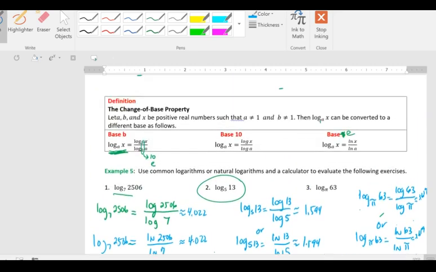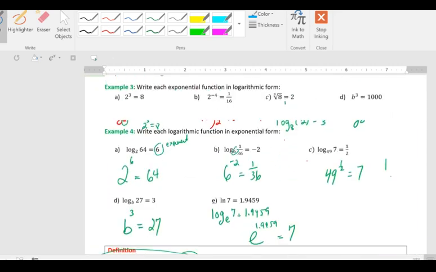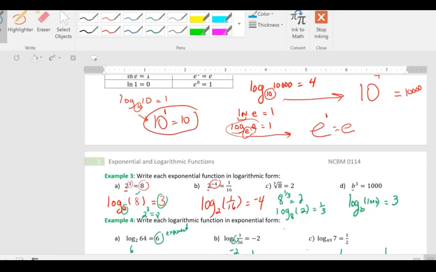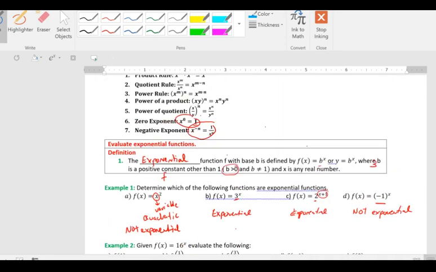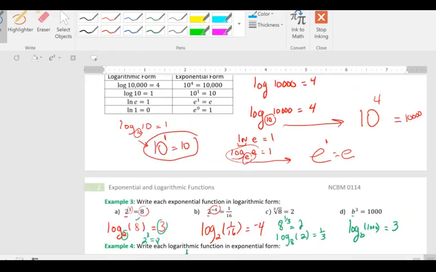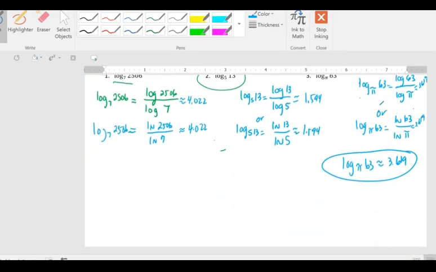Okay, so in section 3.1 and 3.2, you'll be asked to convert from one form to the other and to evaluate simple equations. One of the methods would be to use the one-to-one property.